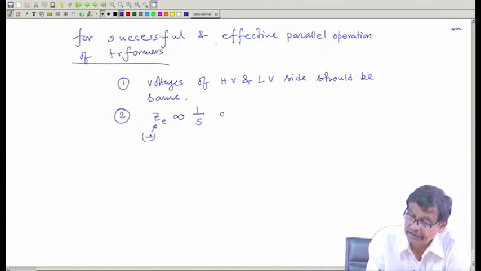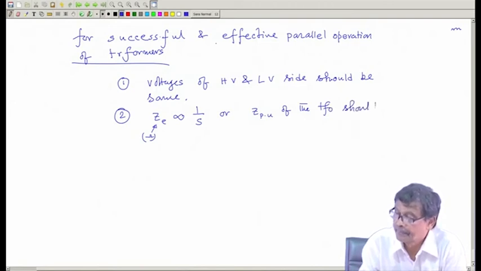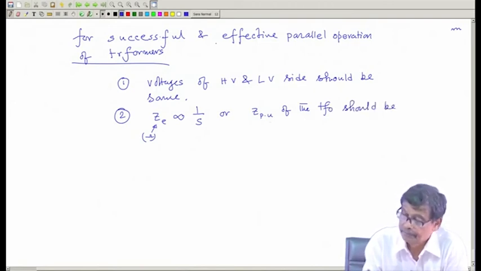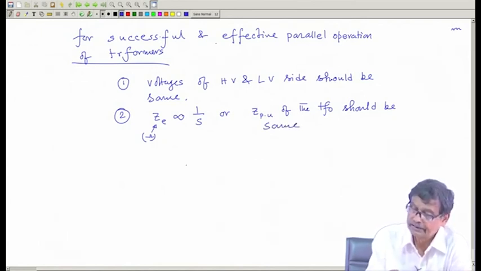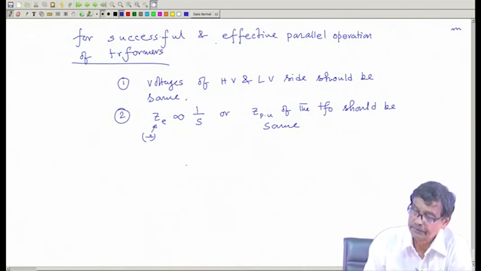Or the same thing is, ZPUs, per unit impedances of the transformers should be same. When this condition is satisfied, what is guaranteed? The current divisions of the transformers will be in the ratio of their currents. Okay? Fine.